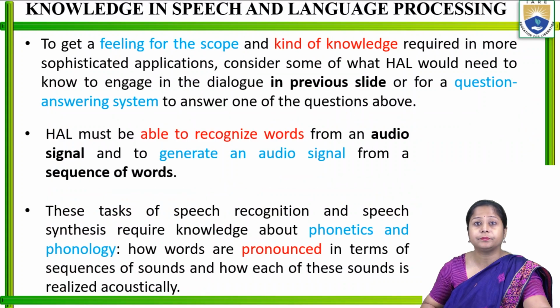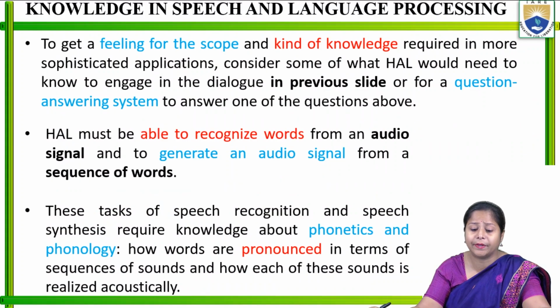Let's move further. To get a feeling for the scope, what scope can there be for that first sentence, and what kind of knowledge is required in more sophisticated applications? Consider what HAL would need to know while engaging in the dialogue in the previous slide. Two dialogues we have seen.